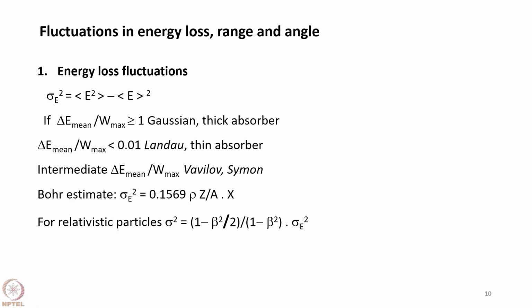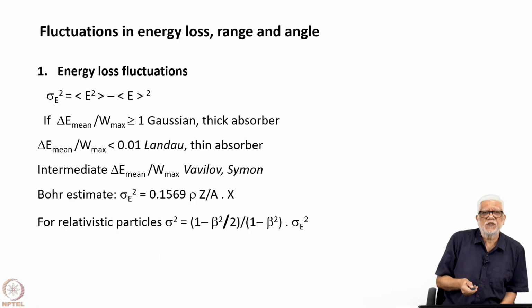Okay, so there are of course fluctuations in energy loss, in the range and in the angle, and these can be estimated within both the Bohr theory as well as within the Bethe-Bloch theory, and one estimate of that was given by Landau. And so you have things called a thick absorber, where the mean energy loss is much larger than the maximum energy loss to an electron, and this is then called a thick absorber.